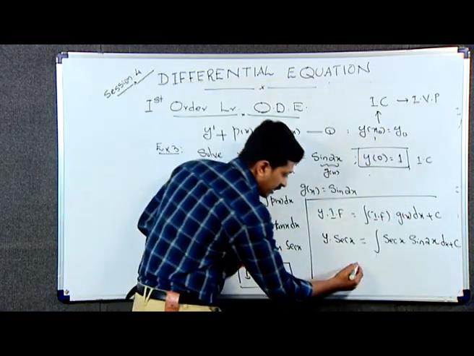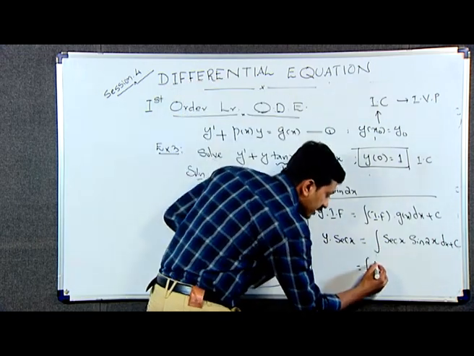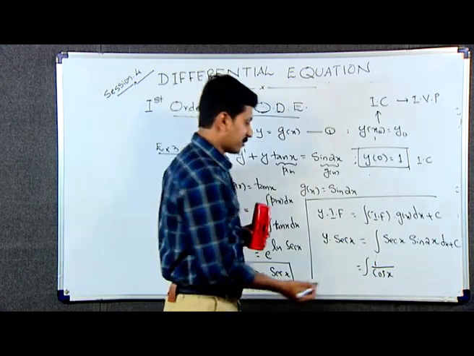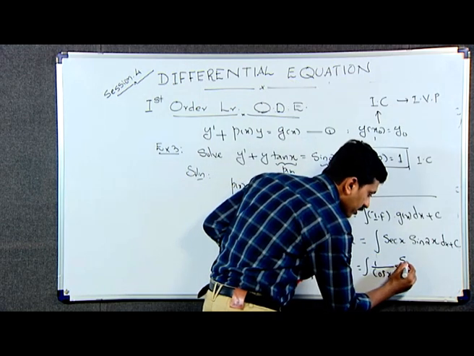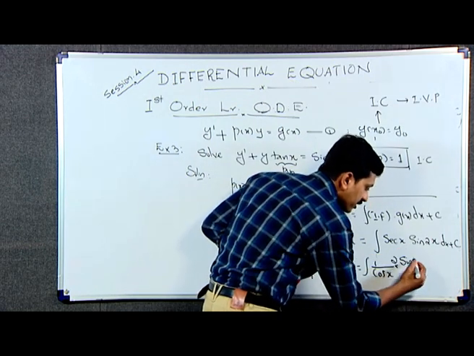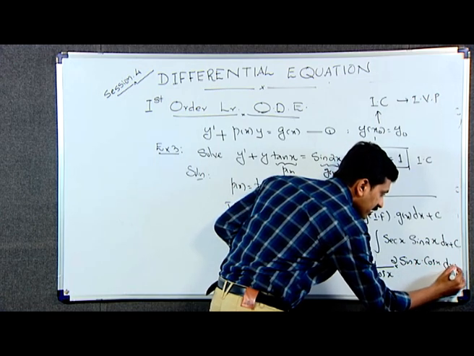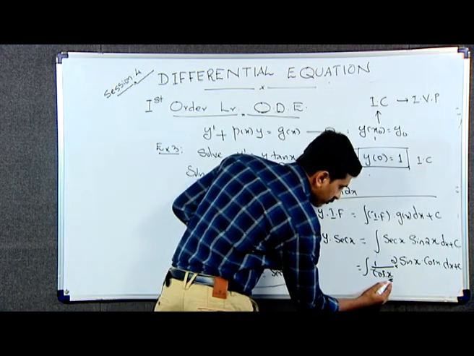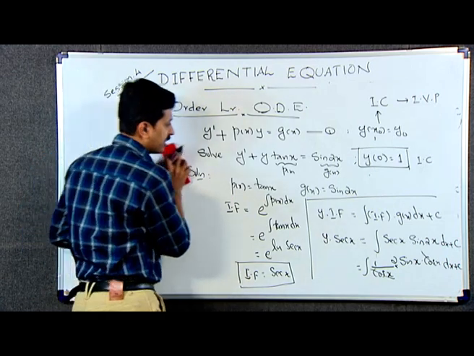On the right side, I can rewrite sec x as 1/cos x, times sin 2x. By the trigonometric formula, sin 2x is 2 sin x cos x, dx plus c. Here the denominator has cos x and the numerator has cos x, so we cancel that.